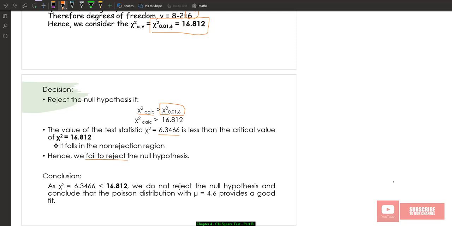We conclude that the Poisson distribution with mean equal to 4.6 provides a good fit. So that's how we solve the problem.